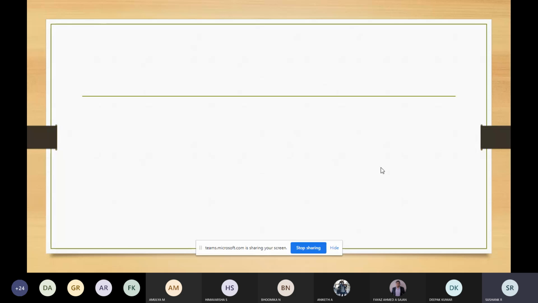For example, we'll consider a square. Now this square consists of 4 points, 4 coordinates.